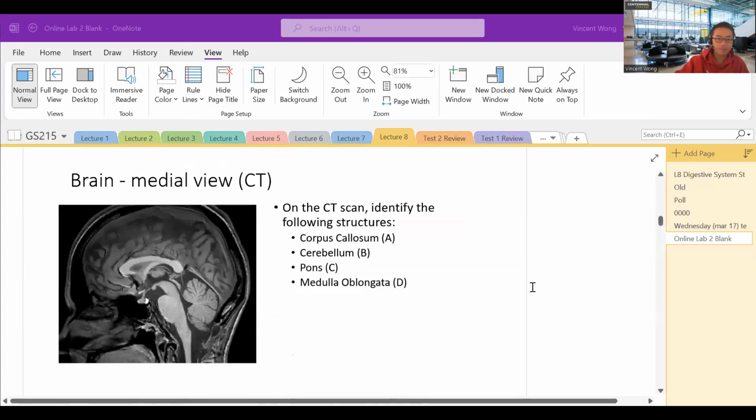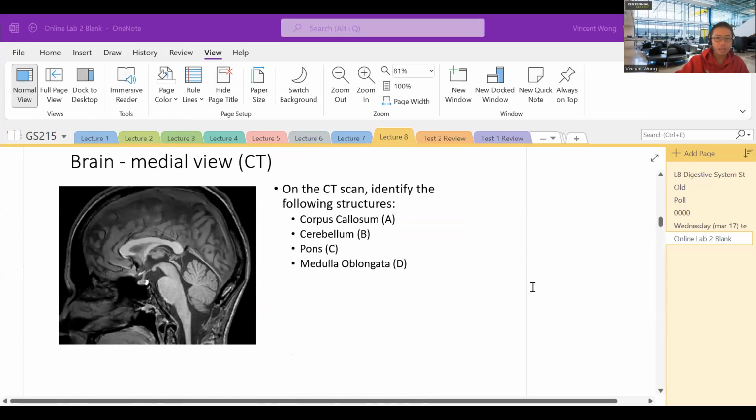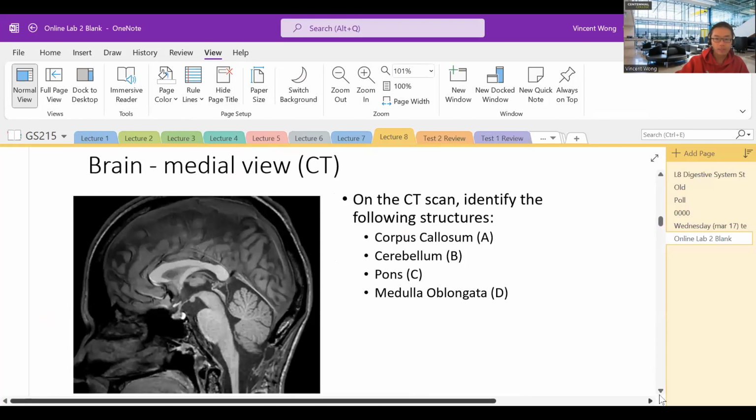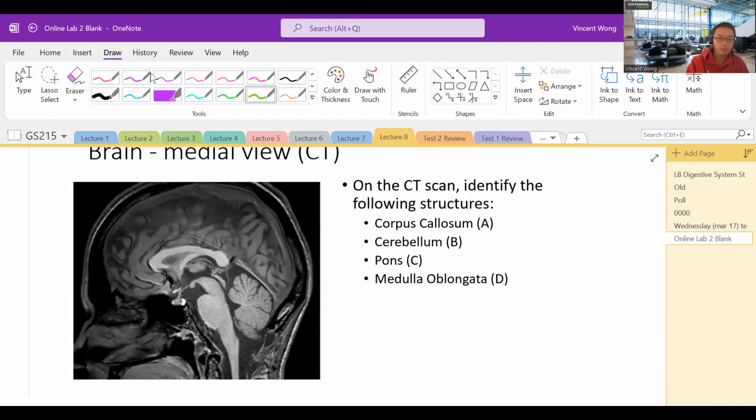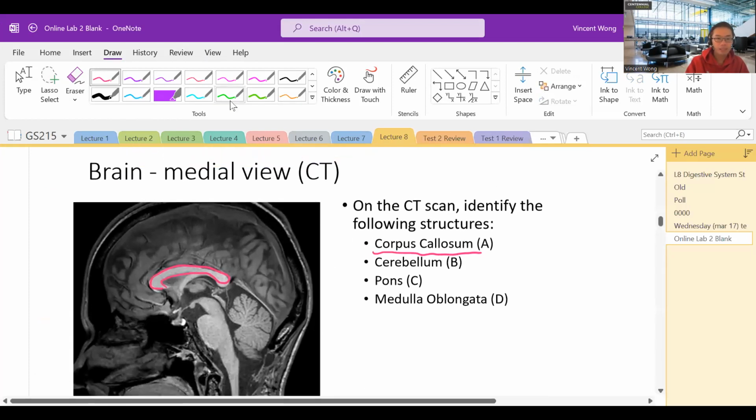All right, more brains. This is a CT scan. On the CT scan, identify the following. Okay, so start with the corpus callosum. Hopefully that's the easiest one for you to see now. Okay, corpus callosum is this guy right here. You will always see it in a medial view. Cerebellum right here at the back.